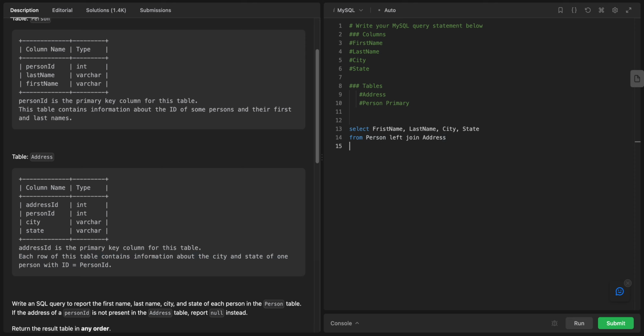And I will say on person.person ID equals address.person ID, and I guess that's it.